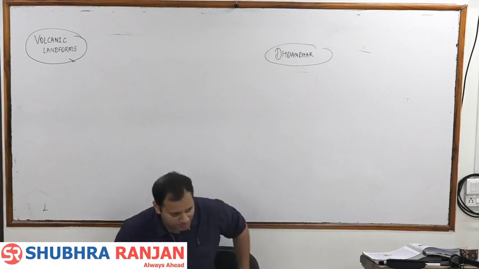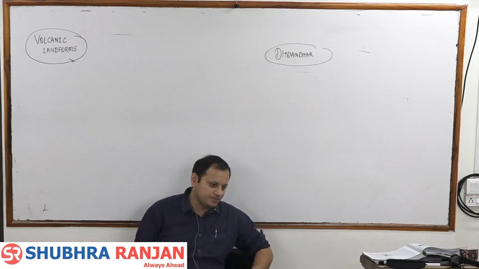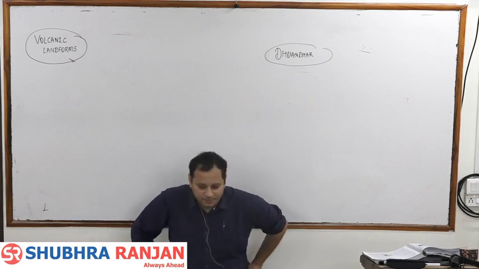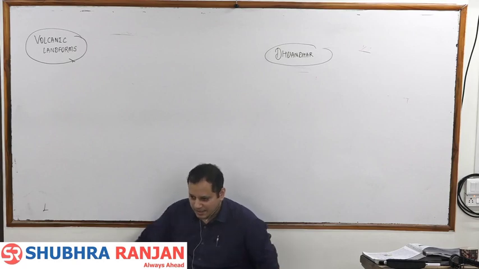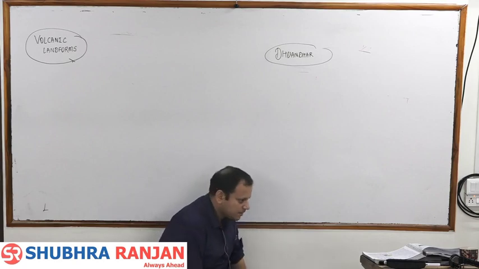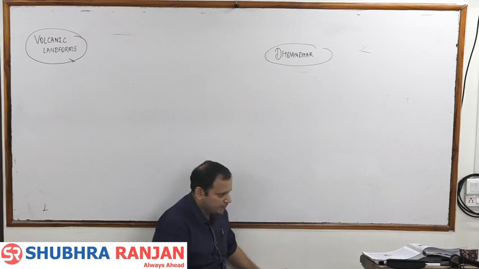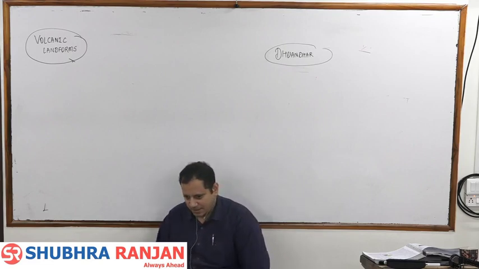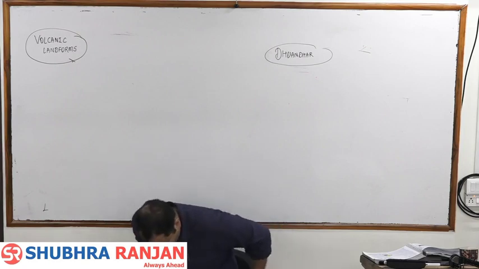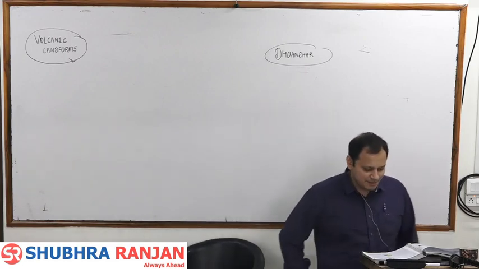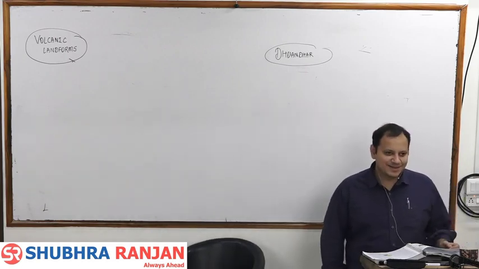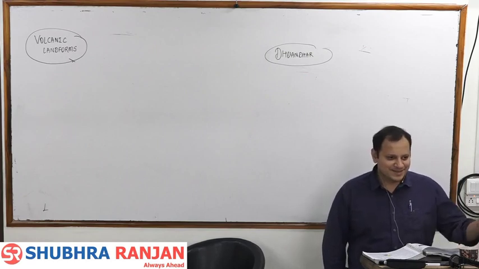So volcanic cones are associated with central type of volcanic eruptions, and are made up of felsic lava. Felsic lava or felsic magma? What? Felsic lava.